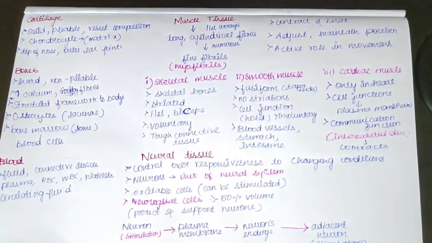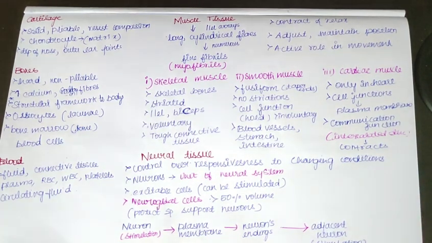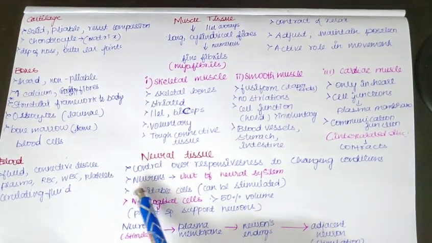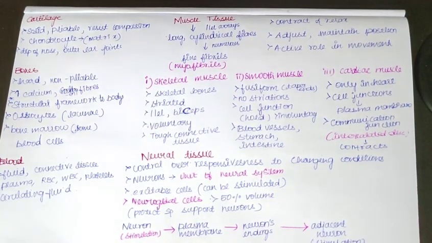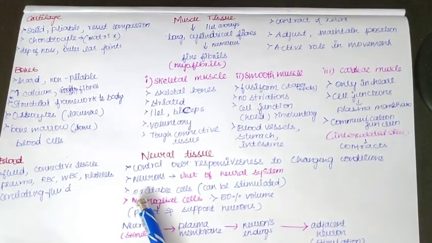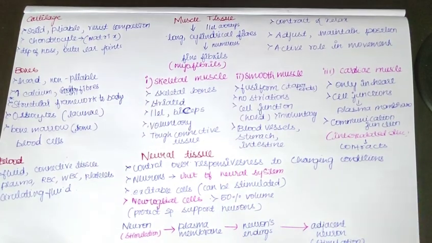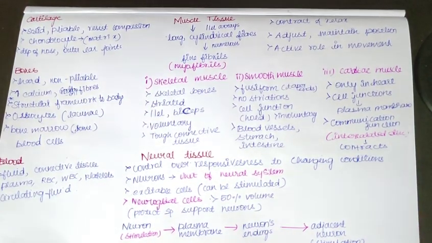Now we have completed the muscle tissue also. So to talk about the last one, which is the neural tissue. The neural tissue controls the response to changing conditions. Okay, as you all know how we do the responses and all, this is all controlled by the neural tissue. Okay, the neuron is the basic unit of the neural system, and they are excitable cells, which means they can be stimulated and produce a response, right?